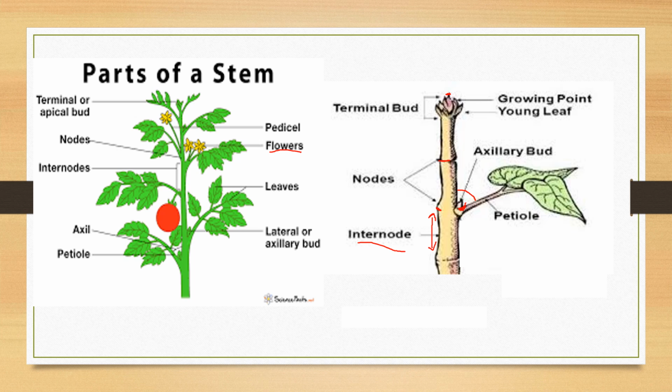And I think there are other parts you have seen before. This is the pedicel, which is the stalk of the flower, the stalk which carries the flower. As you know, the stalk of the leaf is called petiole, and the stalk of the flower is called pedicel.